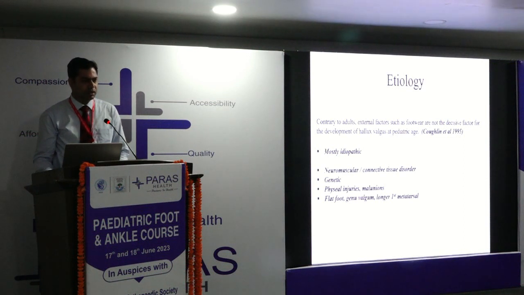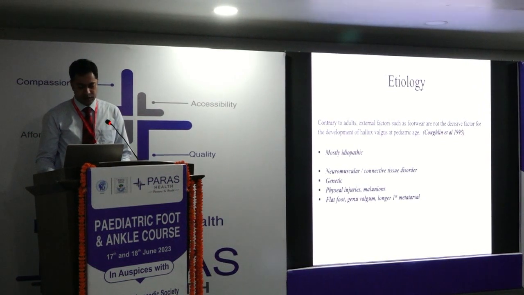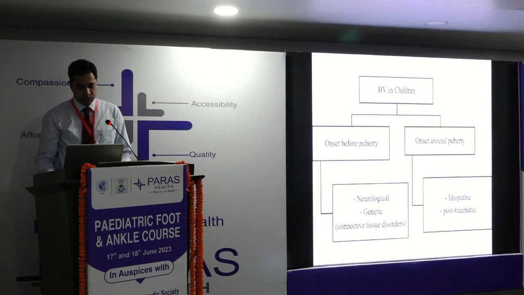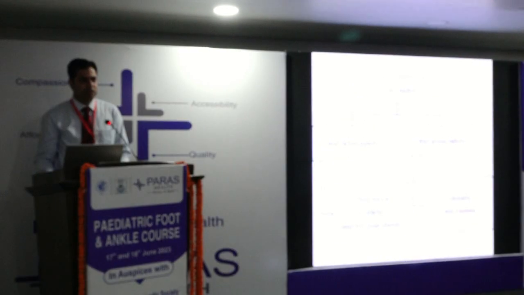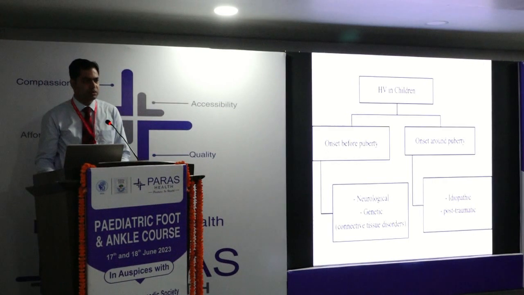And then you have other less common etiologies like post-traumatic or in association with flat foot or genu valgum. It is also important to realize that onset before puberty usually have an underlying cause, and one should look for that underlying cause, whereas onset around puberty is mostly idiopathic and post-traumatic.